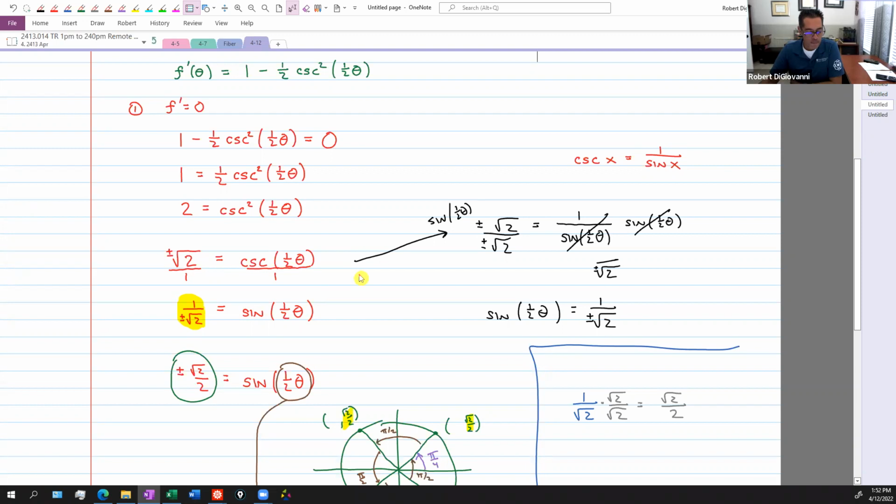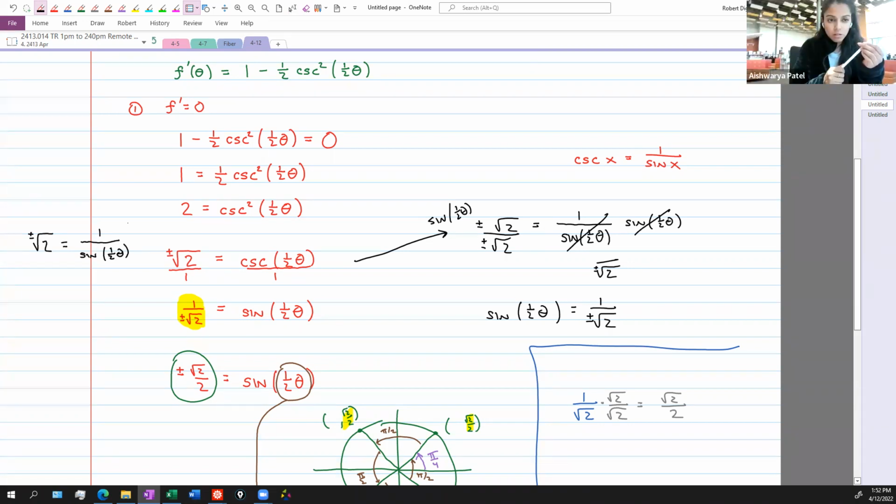So why did you just put that as sine? Wouldn't it be 1 over sine? It is. So if I did do it, this is what would happen. If I left the left side alone, it would have been plus or minus √2 equals, then the right side would be 1 over sine of 1/2 theta. That's what it would be, right?